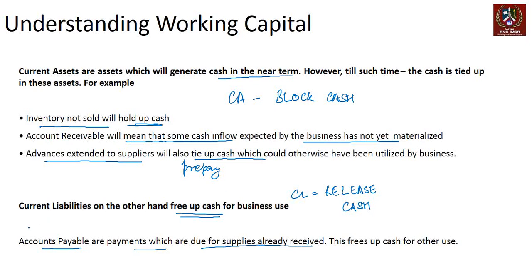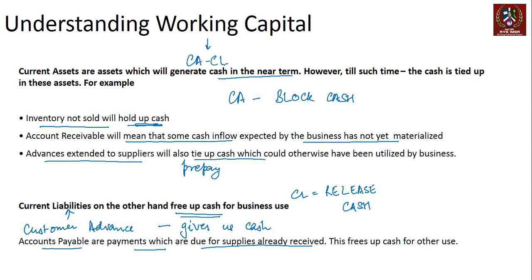Similarly, you could have other scenarios like customer advances. If a customer pays in advance, that's a current liability to us, right? But that gives us cash, right? So essentially, that is how we define working capital: CA minus CL. That's how the definition comes.